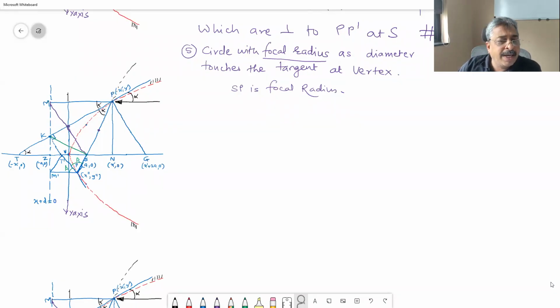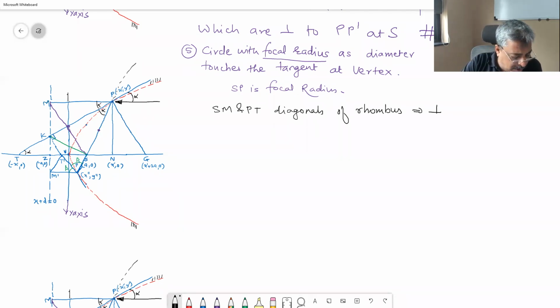Now SM and PT are diagonals of the rhombus, and therefore they are perpendicular, right?